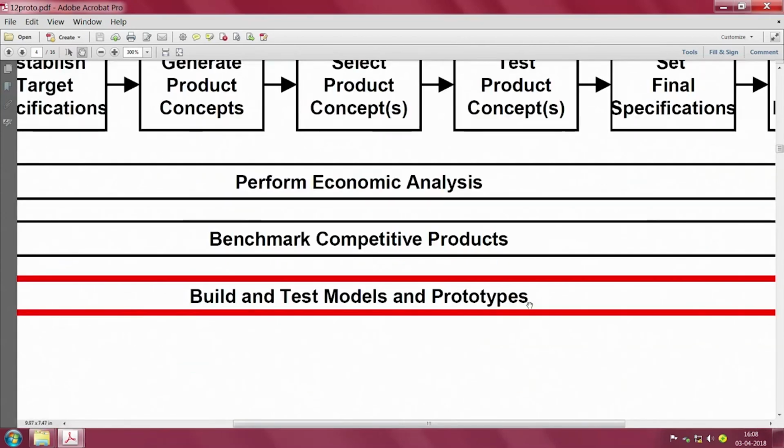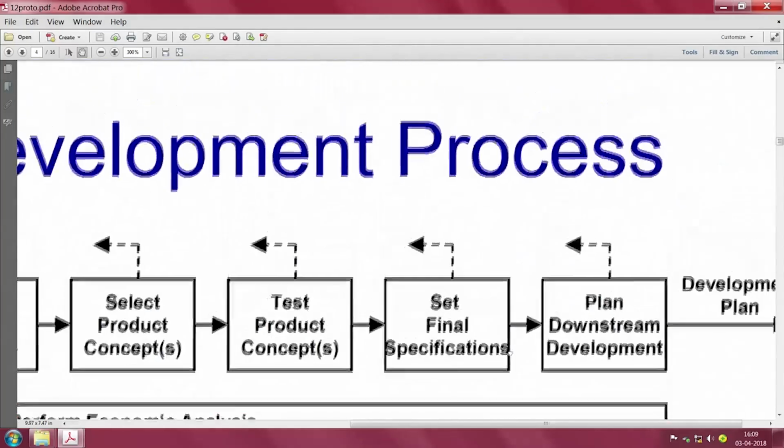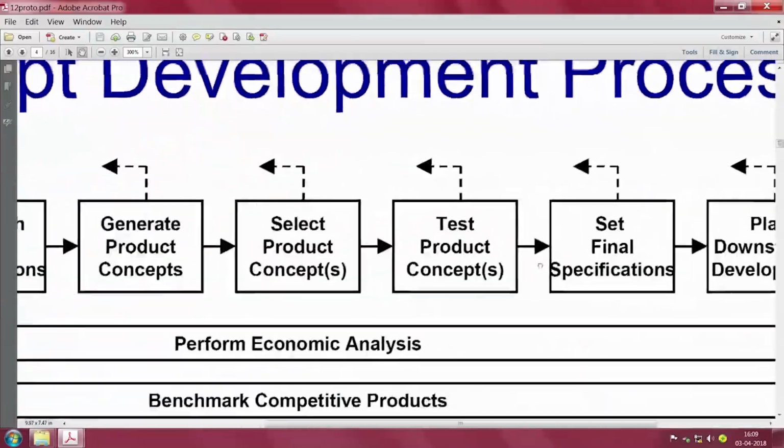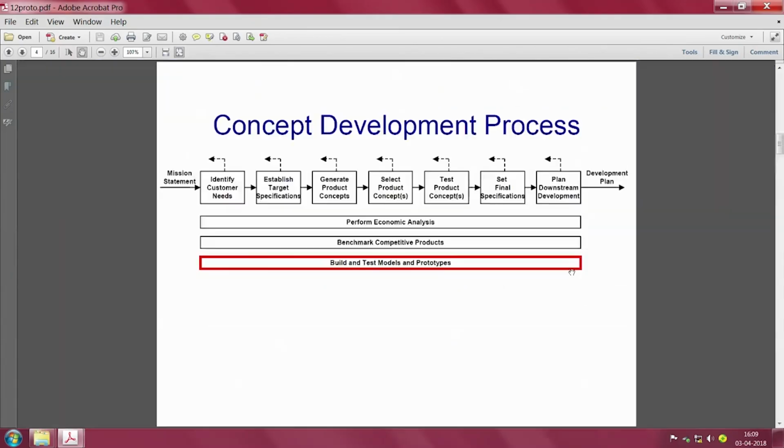Models and prototypes. And this is even before setting the final specs. Then after that, down below, we get development plans and all that stuff. So, the reality is we need to make prototypes. Only when you make a prototype will you know what will happen next and what to do.